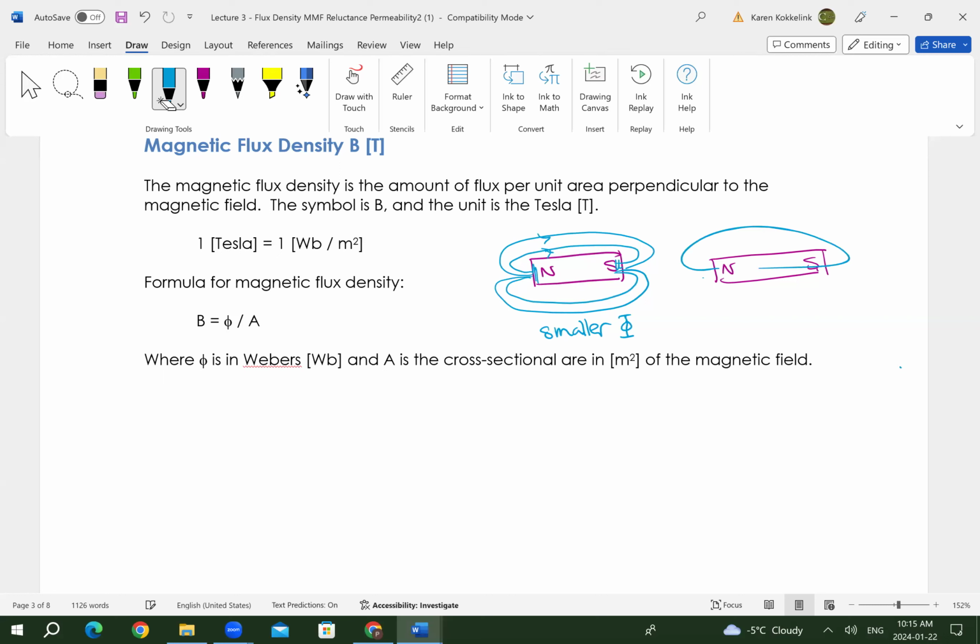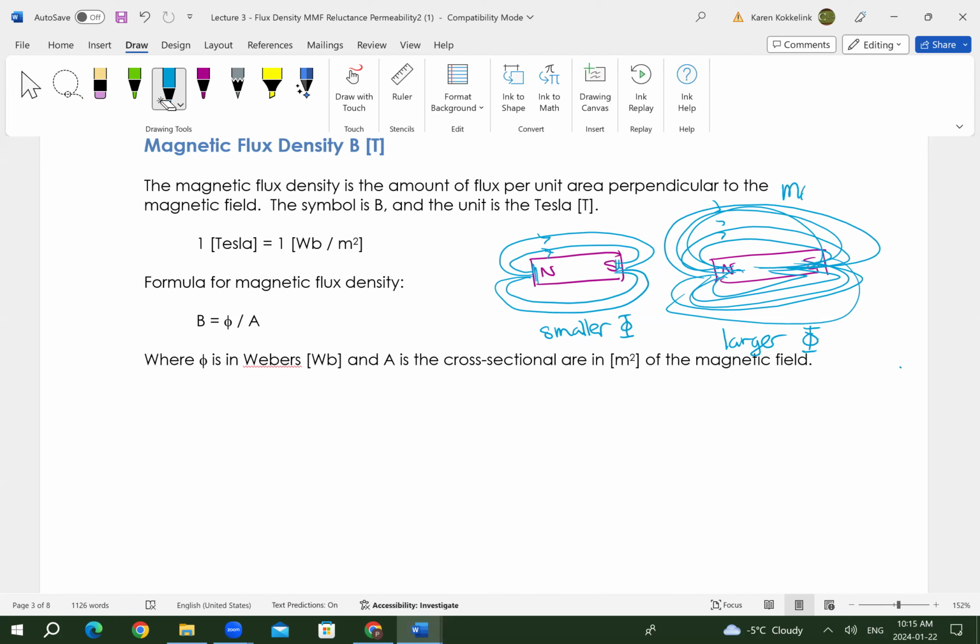And this one's going to be very, very intense with its magnetism, with lots and lots of flux lines. That's very messy, but I'm going to say larger flux. It's just more magnetic, for whatever reason.